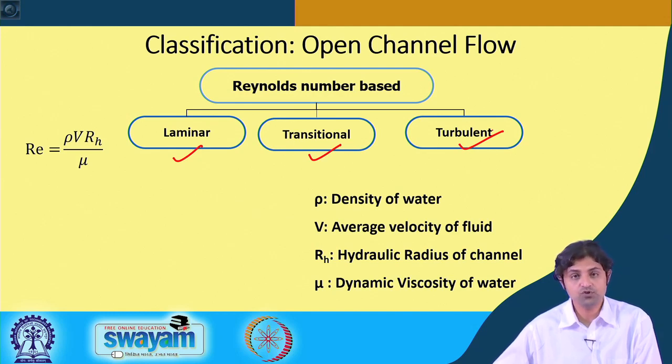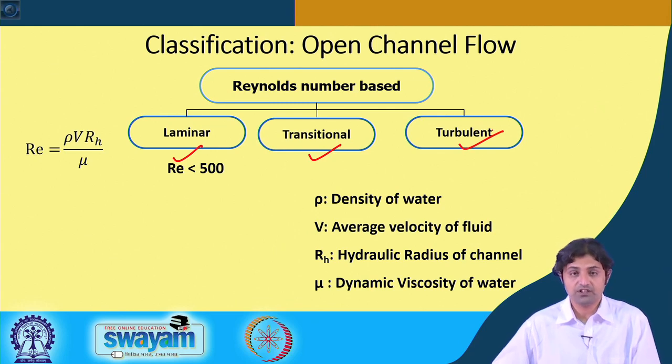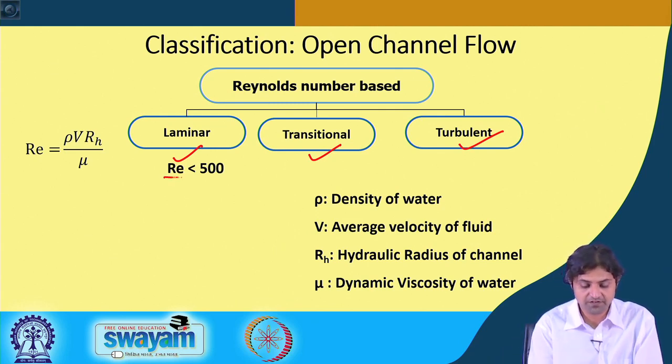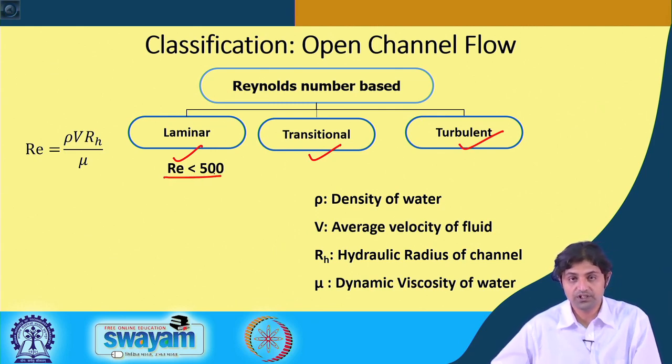The values of Reynolds number will be a little bit different, but the core concept that higher Reynolds number indicates turbulent flow and lower Reynolds number indicates laminar flow still holds true. In open channel flow, it has been found that when the Reynolds number is less than 500, the flow is laminar.